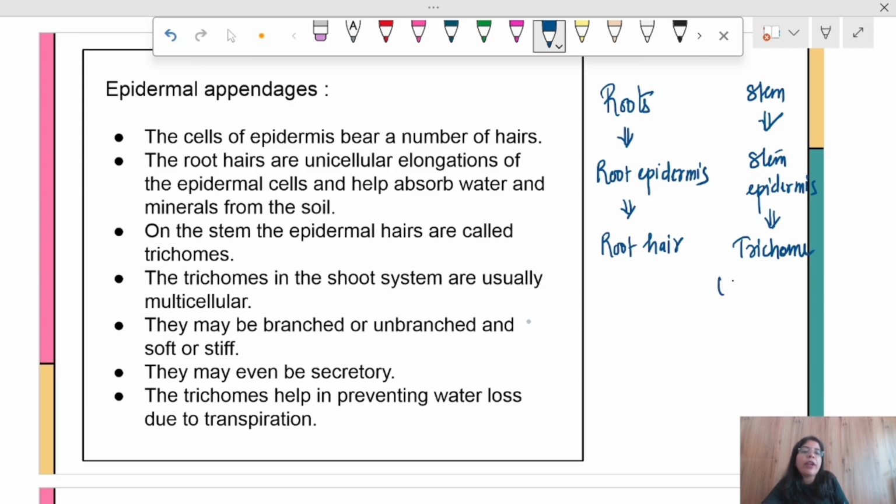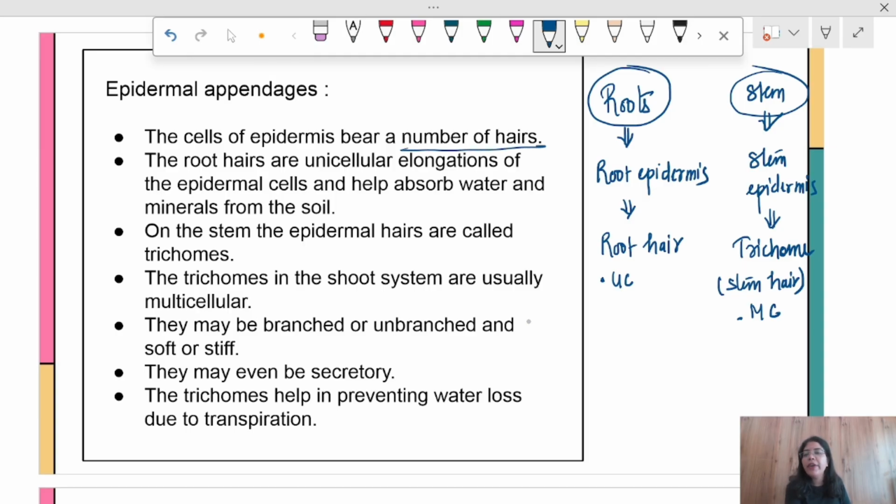And another name of trichome is stem hair. So first please remember, root hairs are present on root epidermis and trichomes are present on stem epidermis, right? These are unicellular structures, but these are multicellular structures. Please remember.